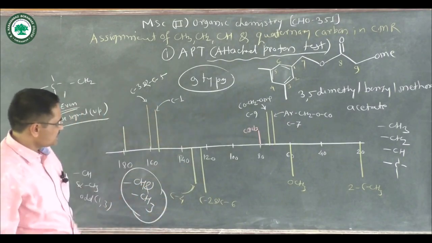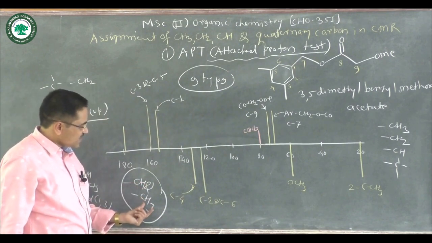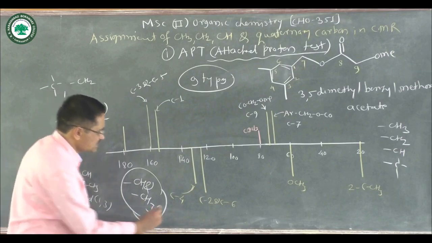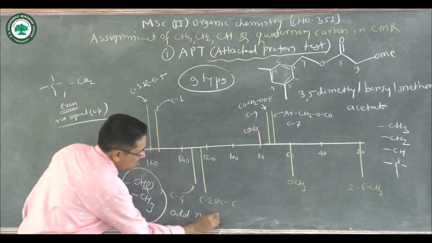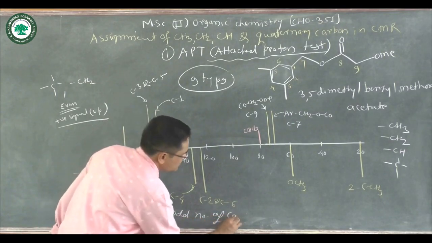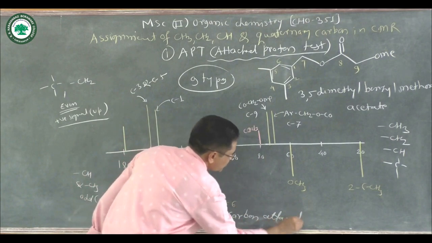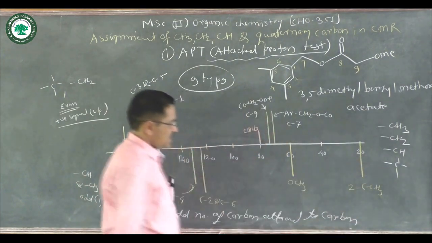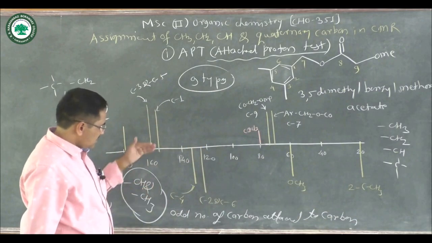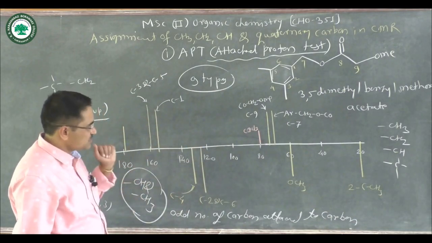One important thing is that hydrogens attached to carbon, in this case 3 hydrogens, means an odd number of hydrogens attached to carbon, and on the downward or negative side only CH and CH3 are observed.